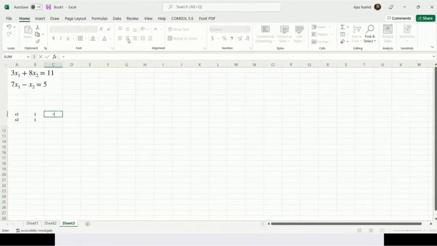And this is, if I use the Jacobi iteration, I'll show both of them. 11 minus 8 x2 divided by 3. This is 5 minus 7 divided by minus 1.